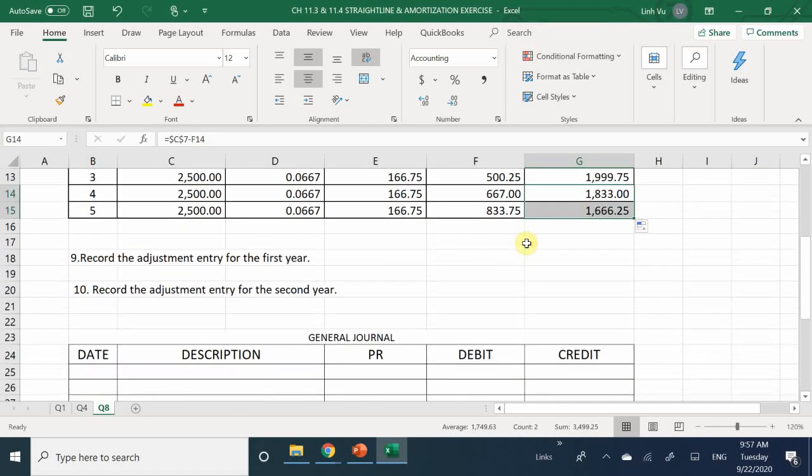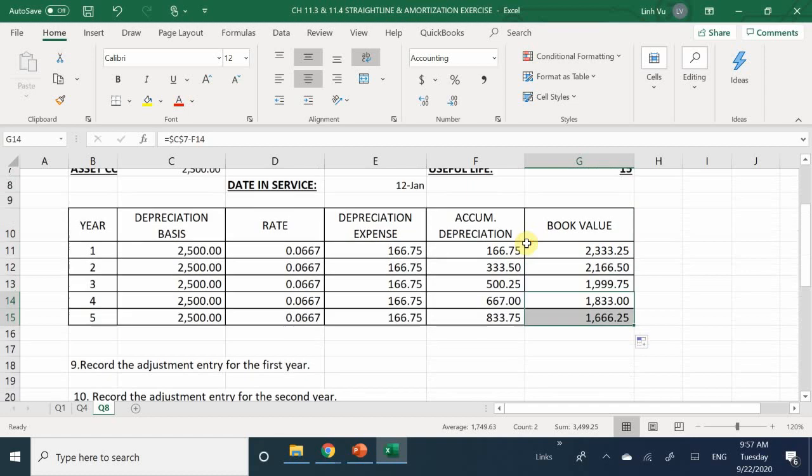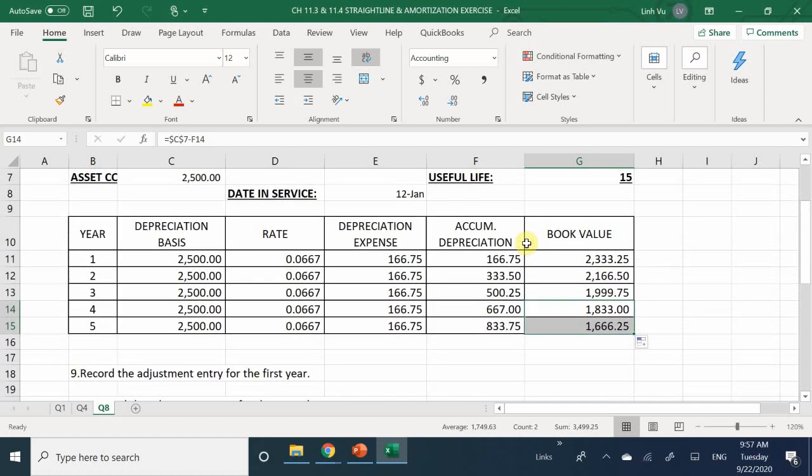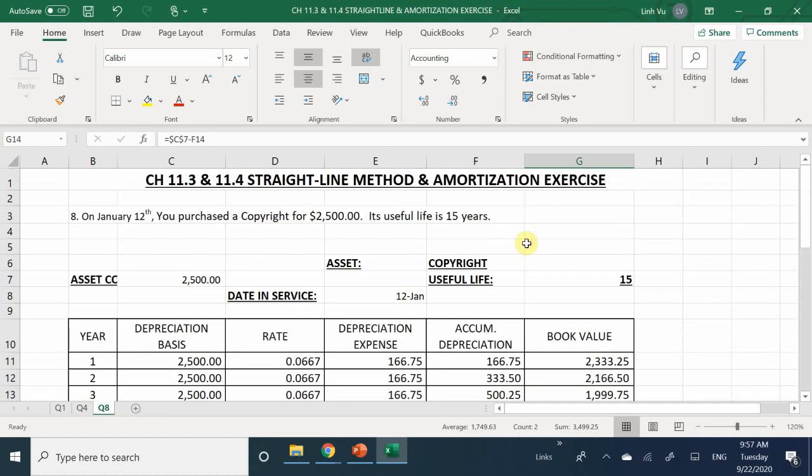Okay, so let's go ahead and journalize this for now. Go ahead and do the adjustment entry for the first year. I was about to write amortization something. Well, what are we doing? What is a copyright?